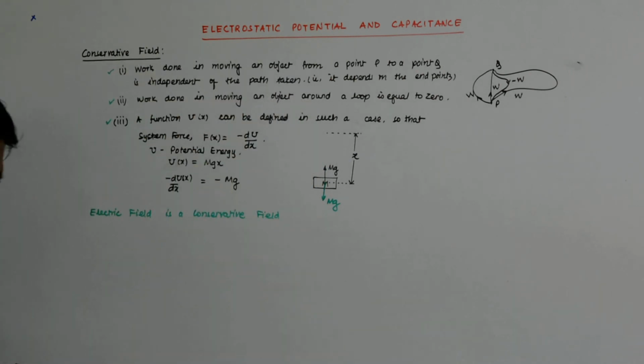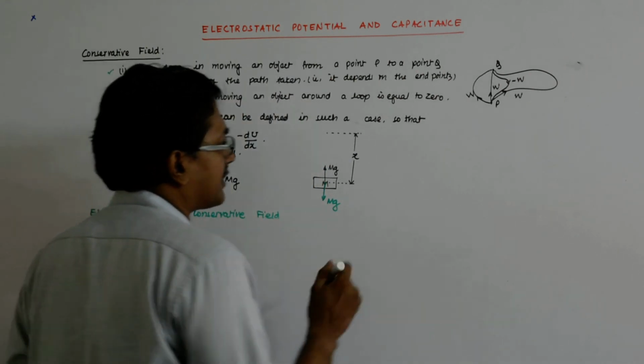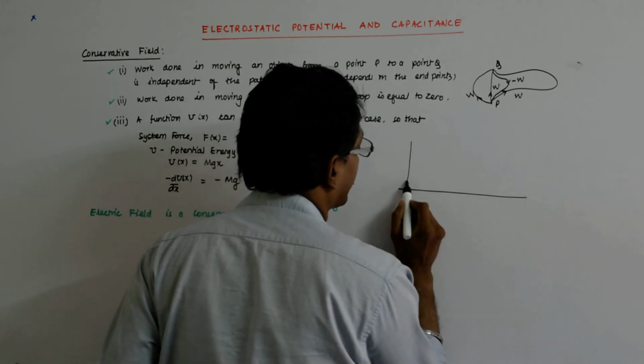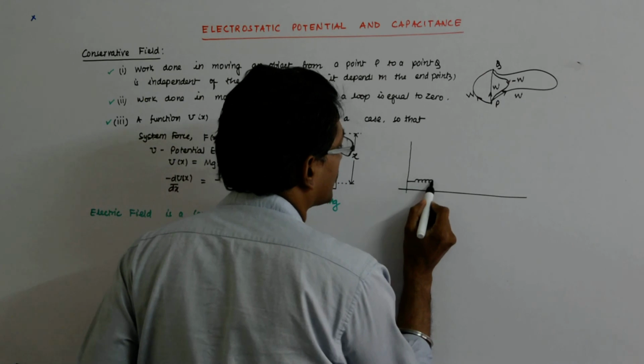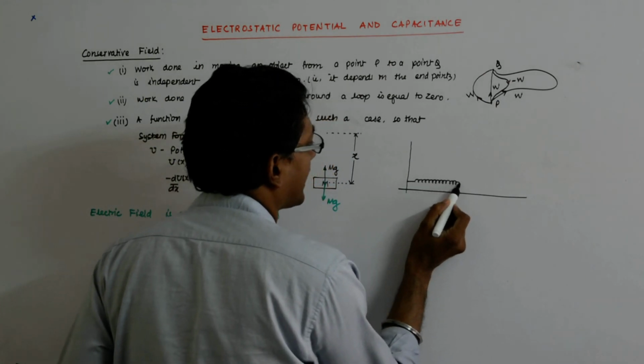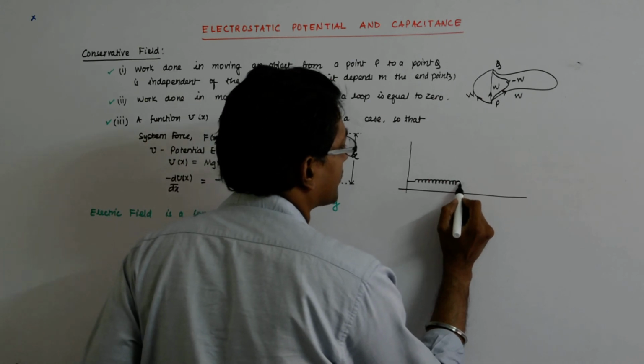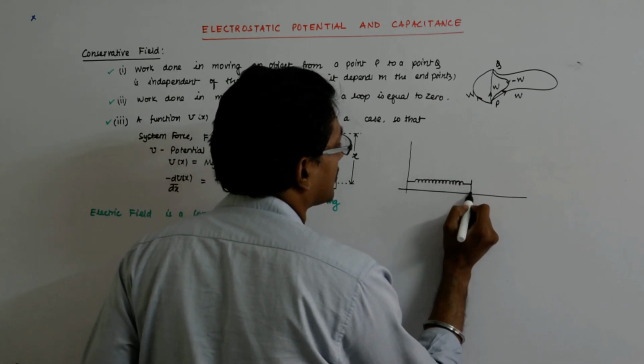There was another conservative field that we had studied in class 11th, that was the spring mass system, right? The spring mass system was also a conservative field as long as the surface on which it was gliding was frictionless.